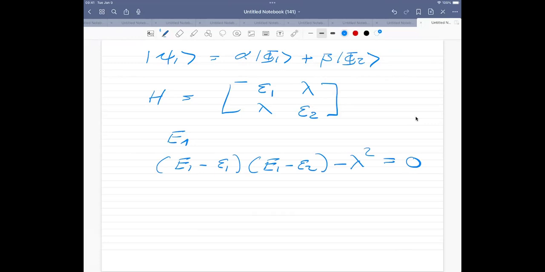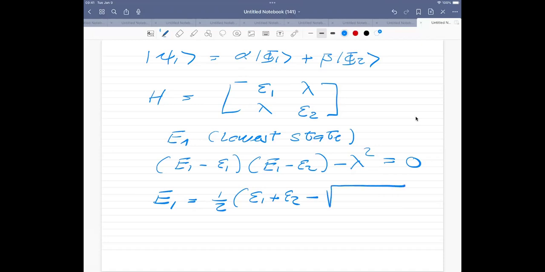If we now focus on E1 as the lowest lying state, then when we look at the eigenvalue problem we have to pick the minus sign. So E1 is equal to 1/2 of epsilon 1 plus epsilon 2 minus, since we are picking the lowest state, the square root of epsilon 1 minus epsilon 2 squared plus 4 times lambda squared. And that is the lowest lying state.